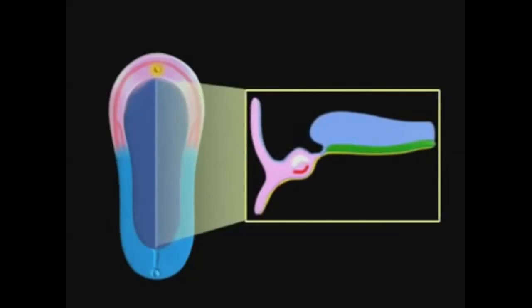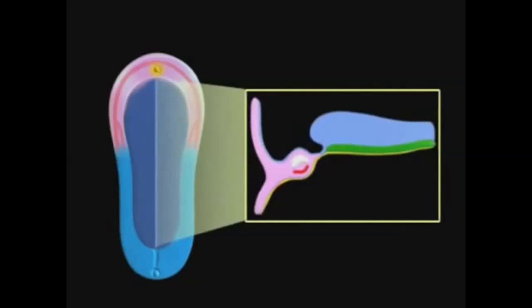Now, we have cut the embryonic disc in the mid-sagittal plane, and here from the right side of our section we can see how it looks.